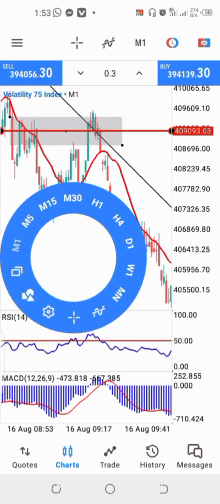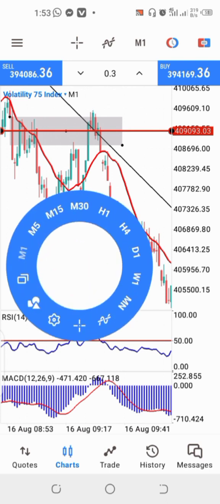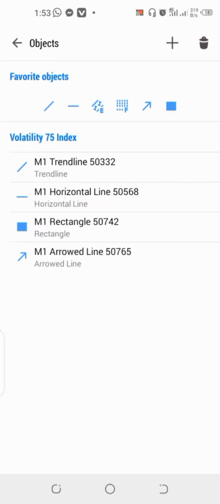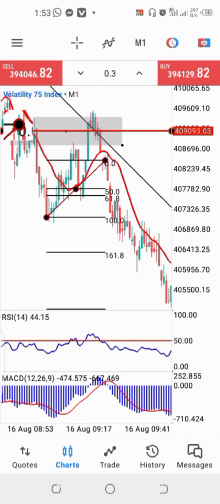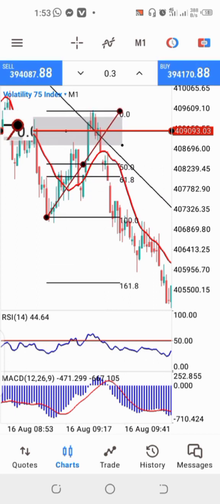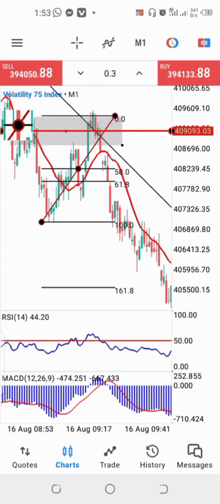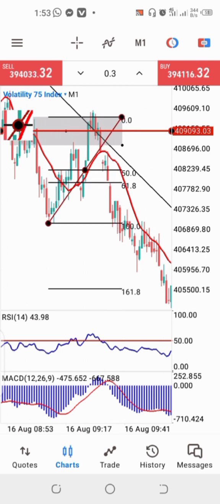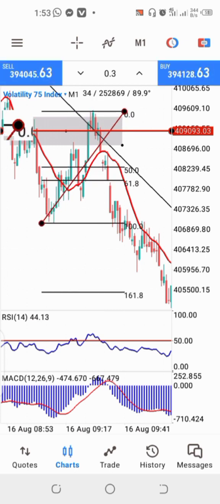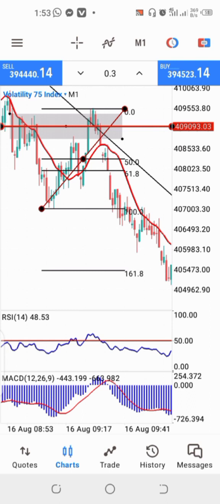For your take profit level, you can use the Fibonacci extension tool. If you use your Fibonacci extension tool, starting from the swing low point to the swing high, you can take your TP1 at 161.8.